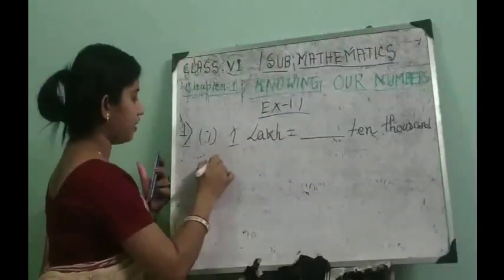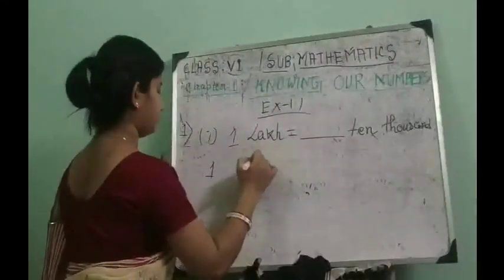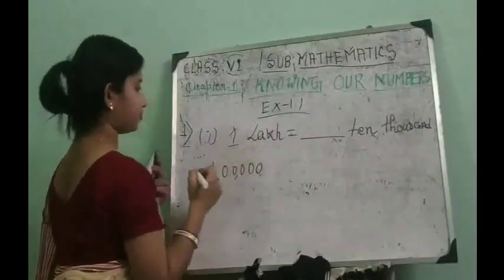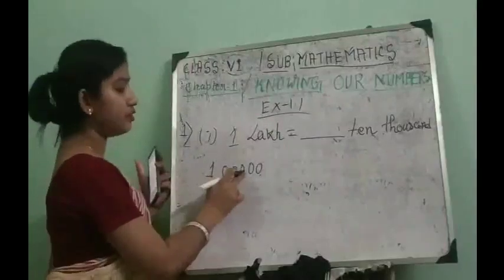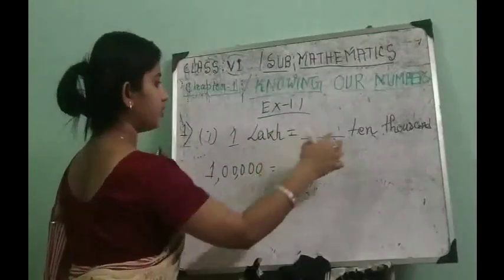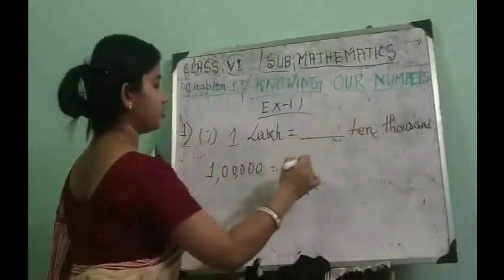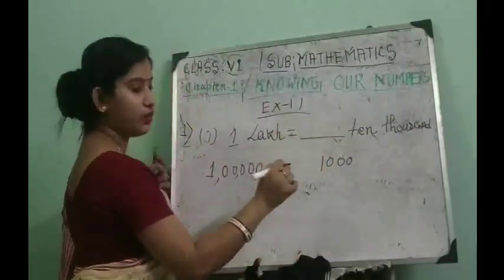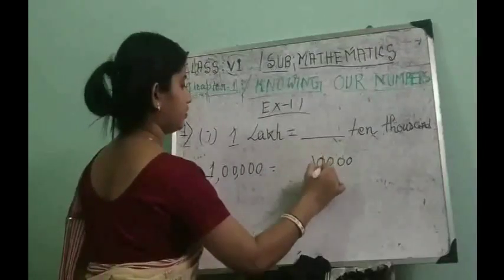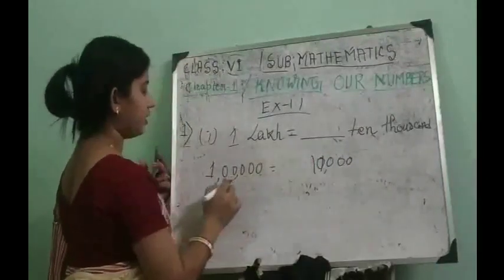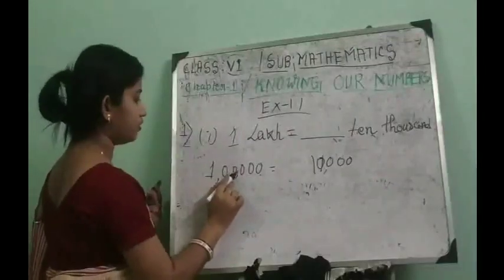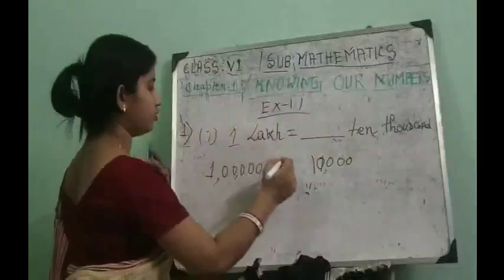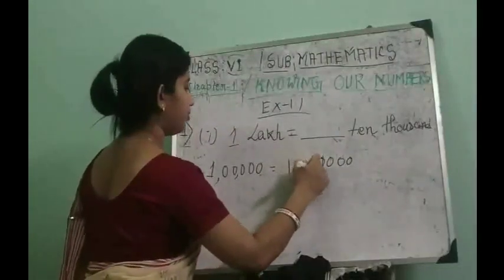Now we see that 1 lakh means this is 1 lakh. So 10,000. 10,000 means this is 1,000. This is 10,000. Here there are 1, 2, 3, 4, 5 zeros, and there are 1, 2, 3, 4 zeros. So we multiply 10 by this.